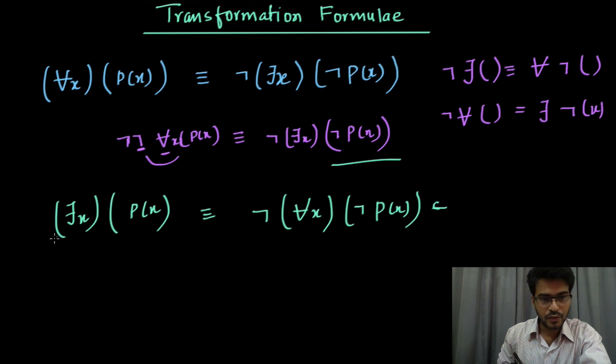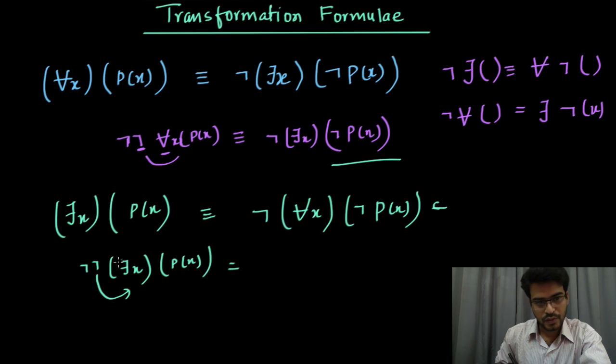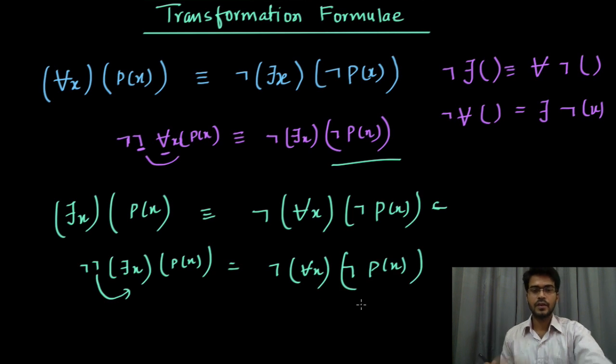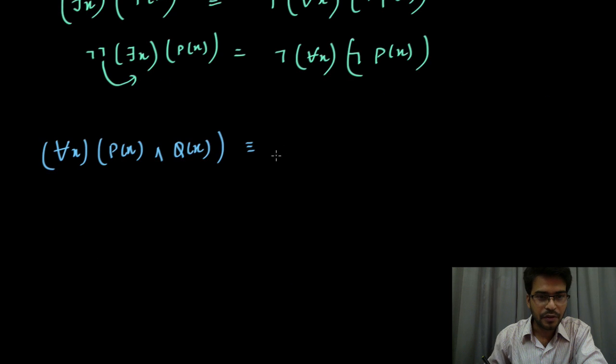I'm taking, let's say, two negation signs here, and then there exists x, P(x). When one negation moves inside, the quantification changes and this becomes for all. So we will have for all x and then negation of P(x). It's very simple. Let's see the next formula.